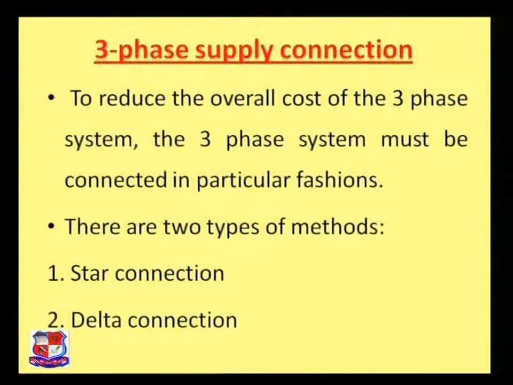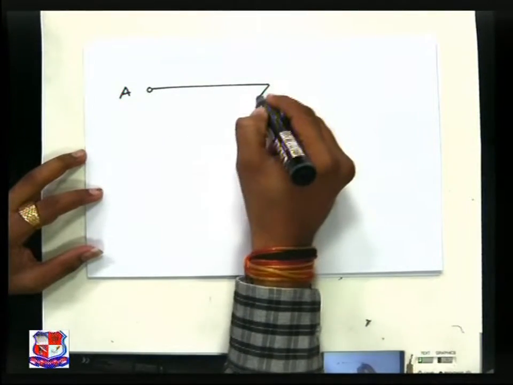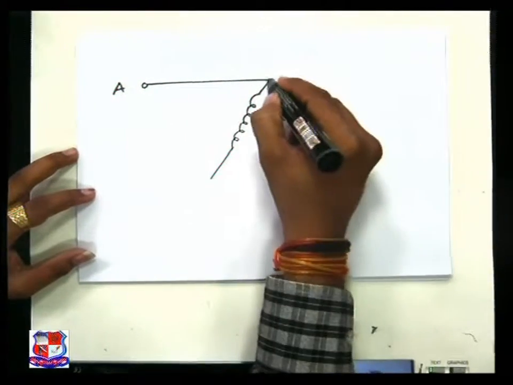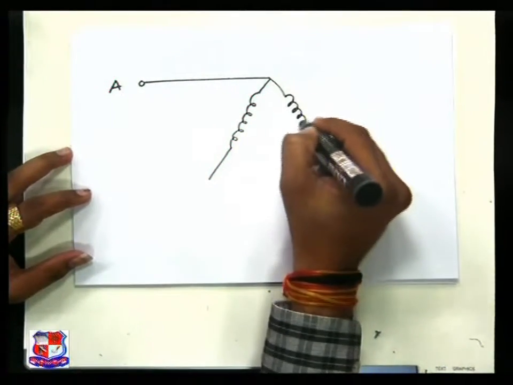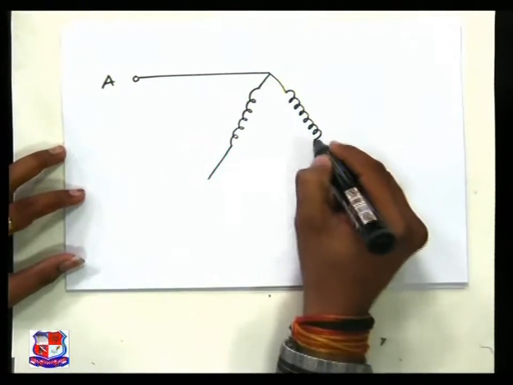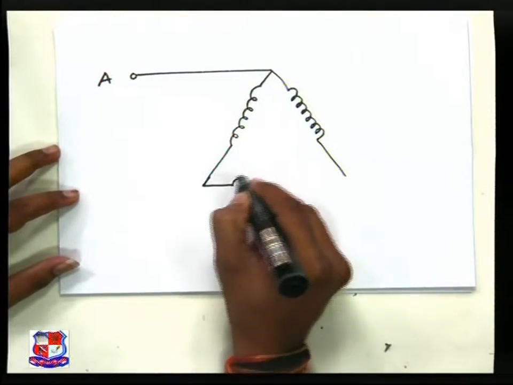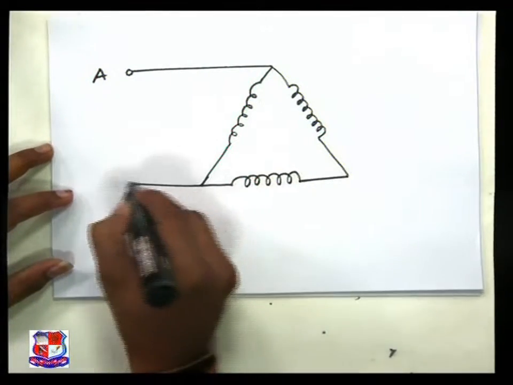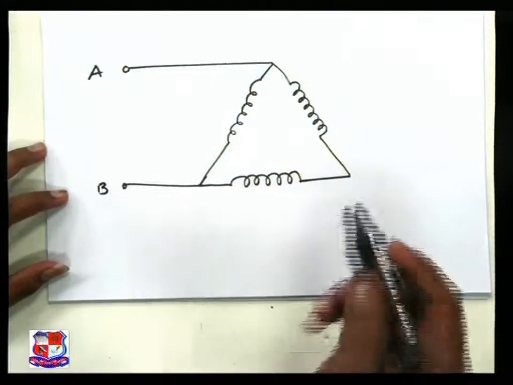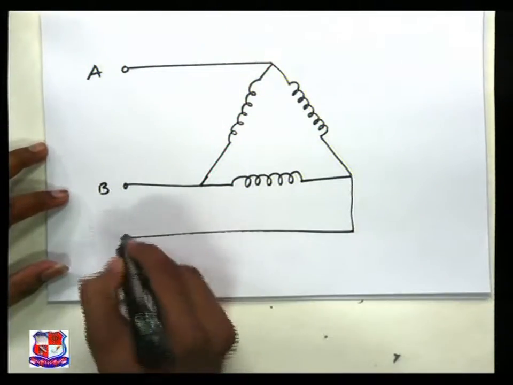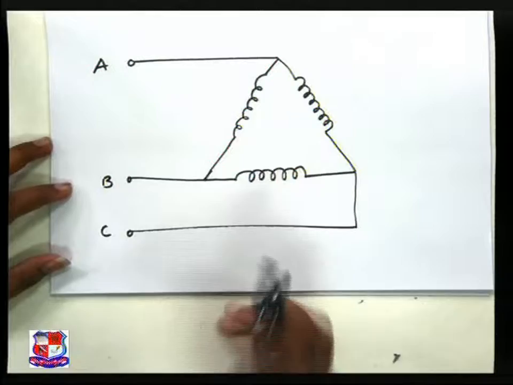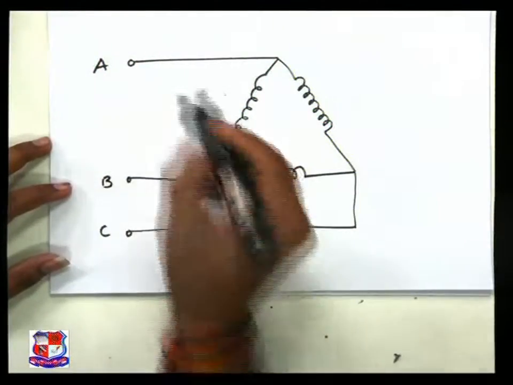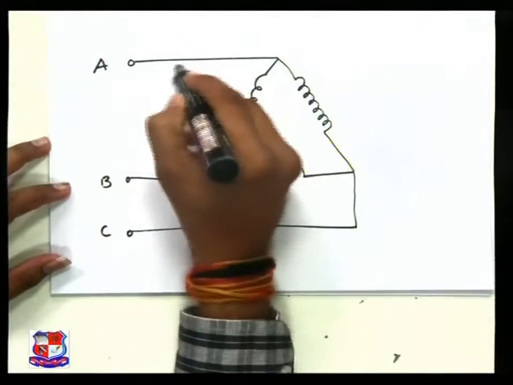This is line A. This is called line B, and this is our third line, C. So this is a delta type connection with three lines A, B and C. Whatever current flows through line A is known as the line current IA.